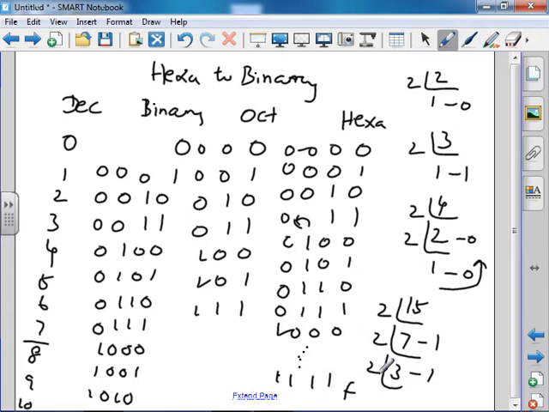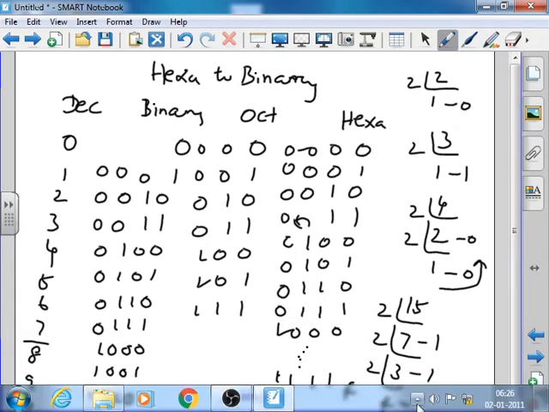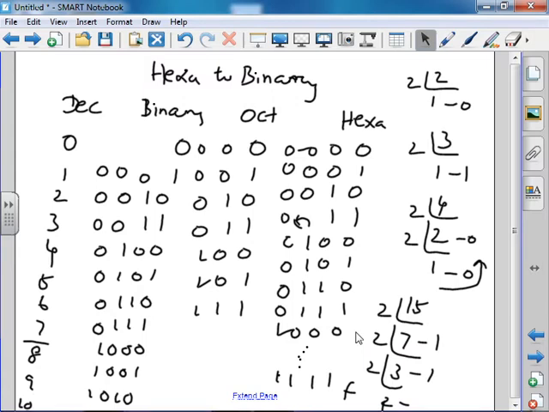Divide 3 by 2, you get 1, remainder 1. So you will get the answer 1 1 1 1.